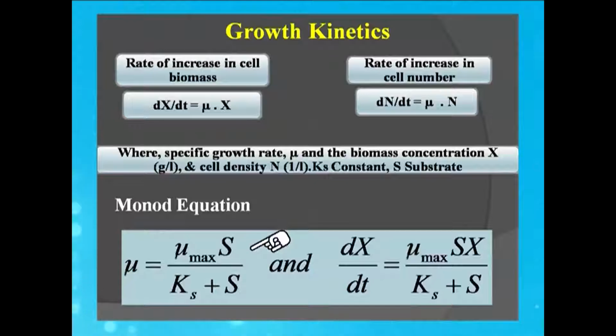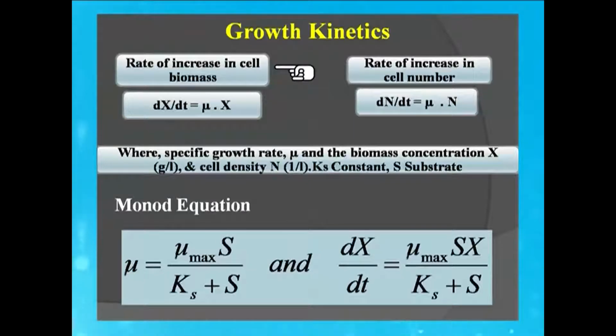Now, if we know mu, we can substitute this mu and multiply by x, so that we get dx by dt equals mu max into S into x divided by Ks plus S. And this dx by dt is nothing but mu into x, which will tell us the rate of increase in cell biomass.